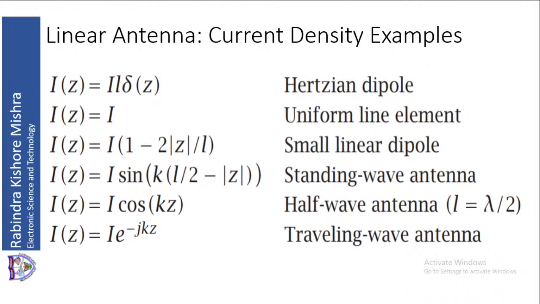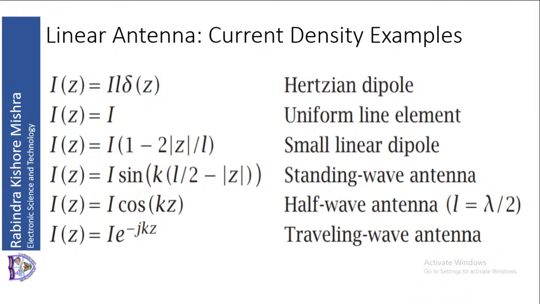So it increases linearly from 0 to I, then decreases linearly from I to 0 at the other end, which means it is like a triangle. It is a triangular distribution. If you have a triangular distribution, these are called small linear dipole antennas.